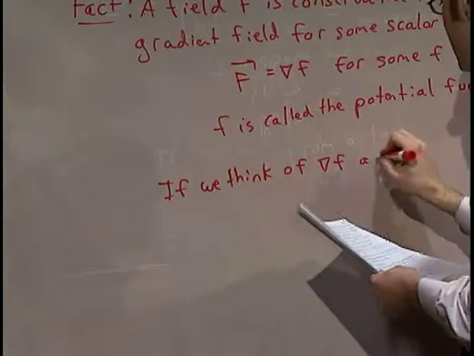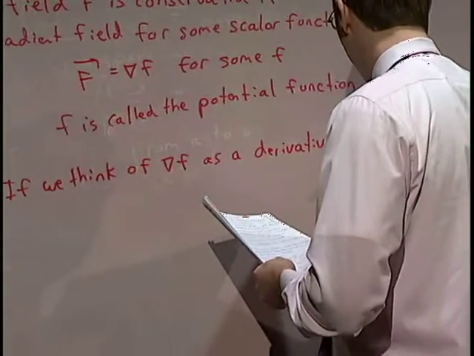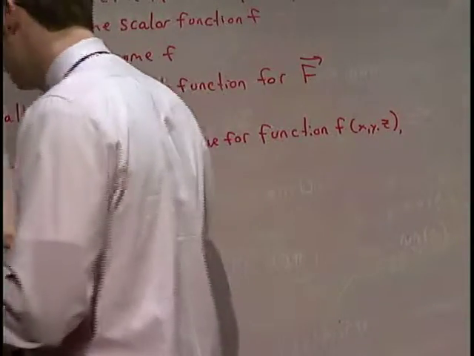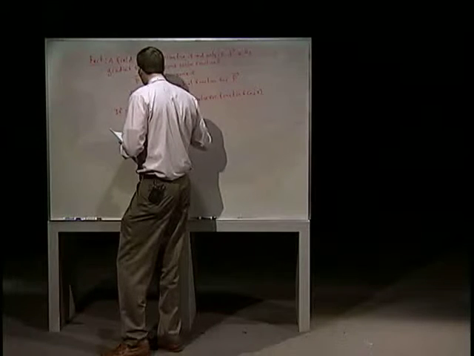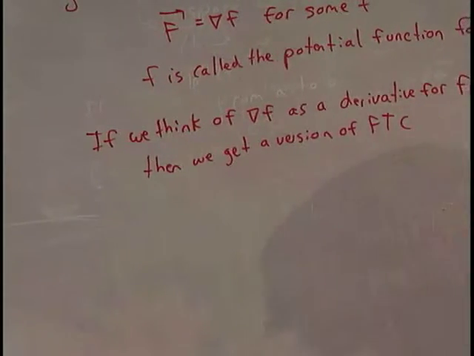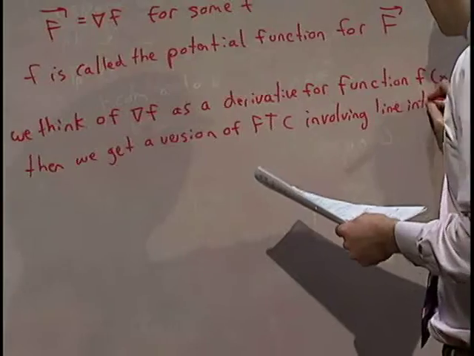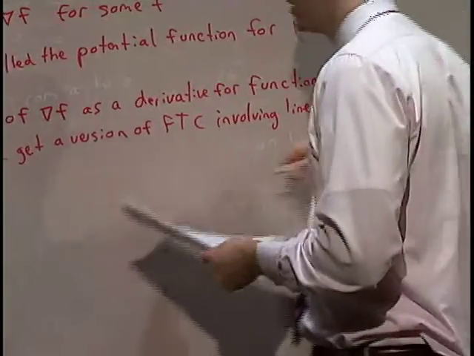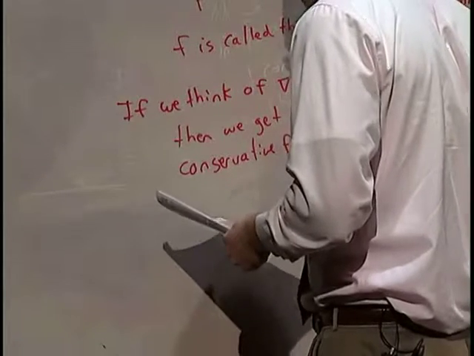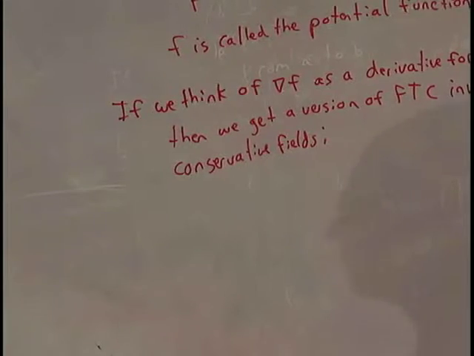So if we think of grad f as a derivative, in some sense, for the function f of x, y, z, right, then what we get is a version of the fundamental theorem of calculus, actually, involving line integrals and conservative fields. And it says the following.